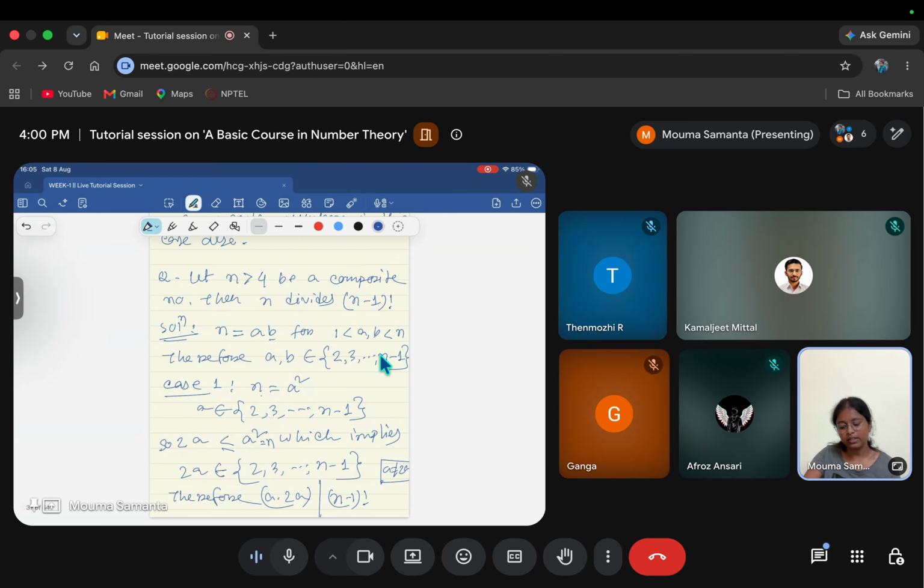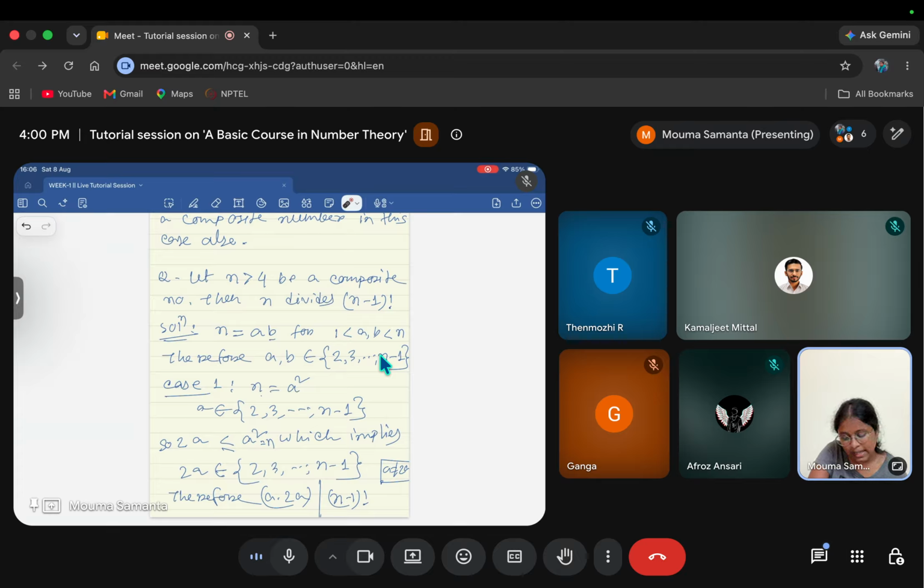So what we are doing is, we are saying that a is an integer in this set. Now we want to find another copy of a which will also belong to this set. We are saying that 2a is a larger number than a, so a and 2a are two distinct numbers.